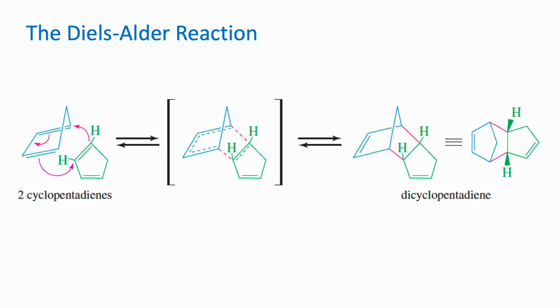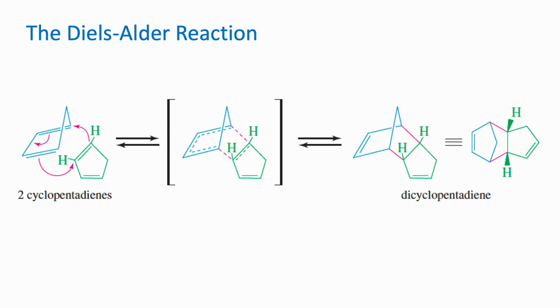And so here's what we mean by that. If we have two molecules of cyclopentadiene, then one can serve as the diene and one can serve as the dienophile. And so cyclopentadiene, which is just one molecule, a pure substance, will react with itself under the right conditions to create dicyclopentadiene. It undergoes a Diels-Alder reaction with itself to become this dimer product where we have two of the same molecules coming together.